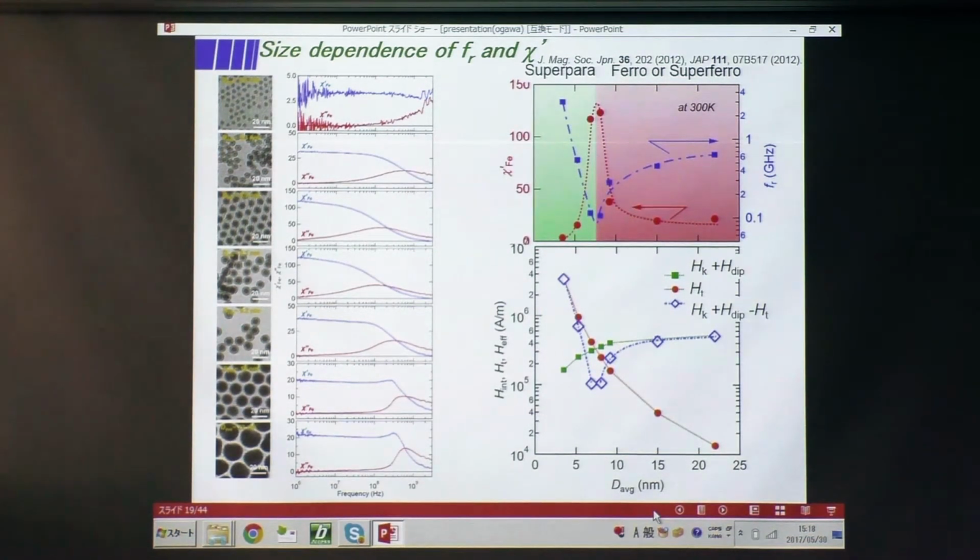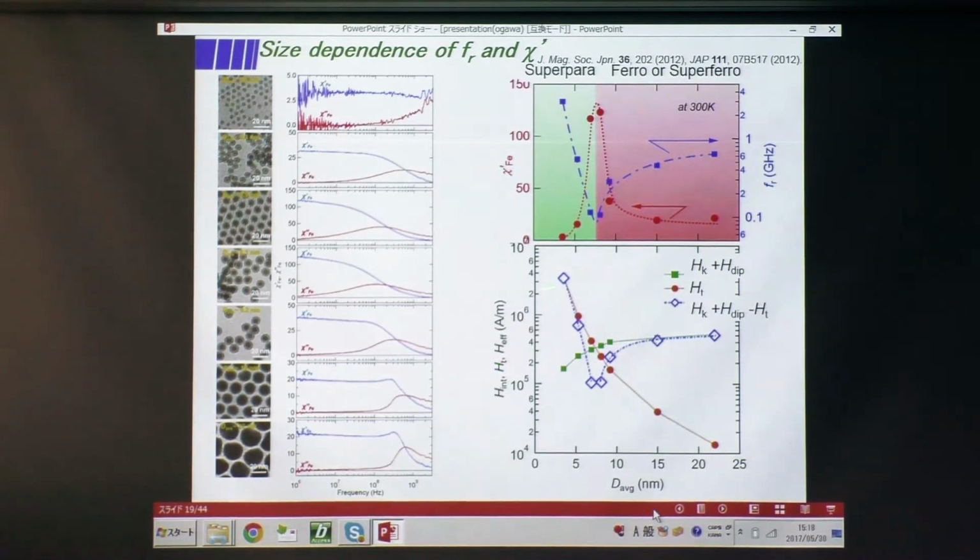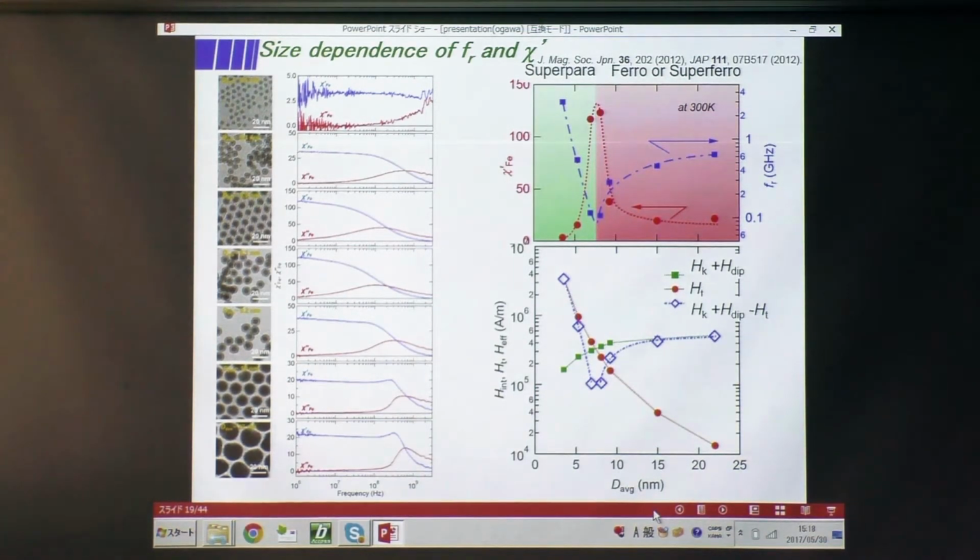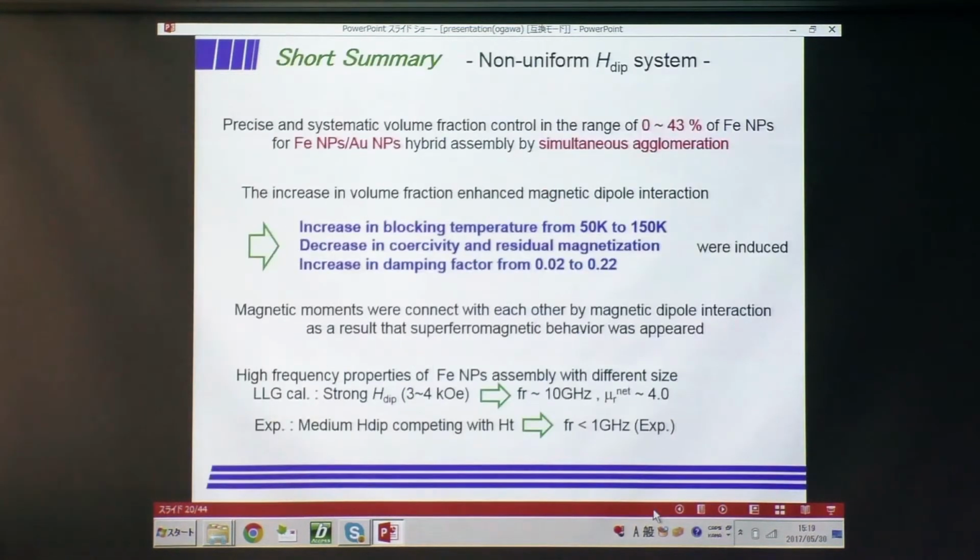That means in this system, thermal agitation and the superparamagnetic state are mixed around 8 nanometers to less than 10 nanometers. So a much bigger nanoparticle size is needed to actively apply the dipole magnetic field inside the nanoparticle assembly.